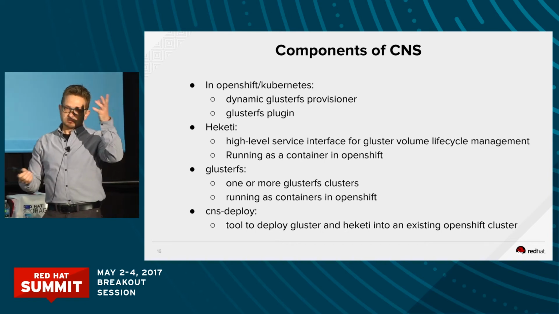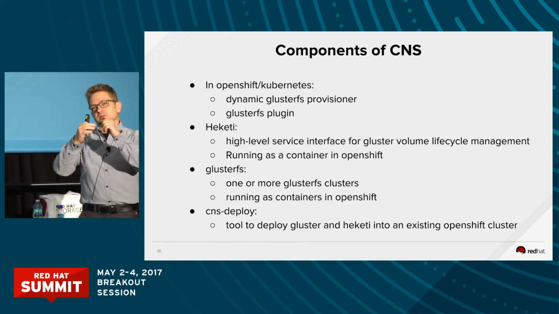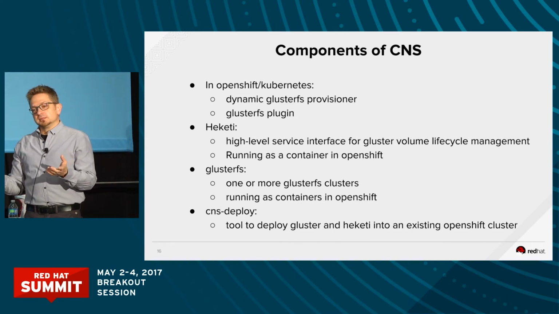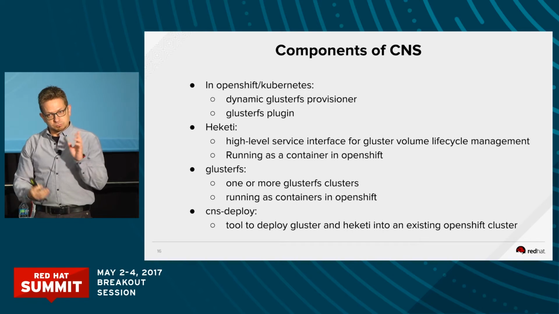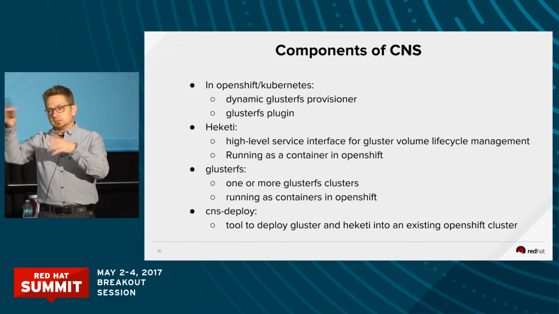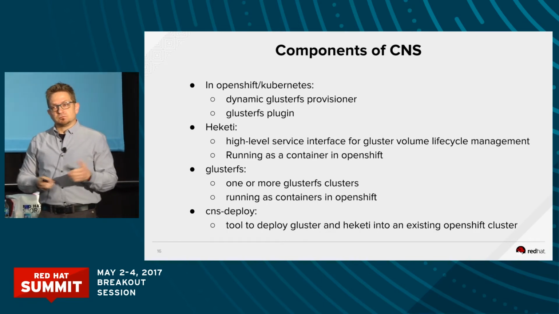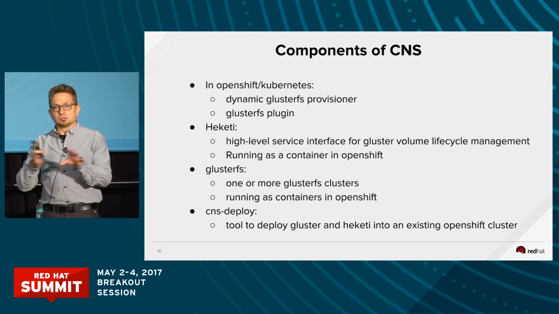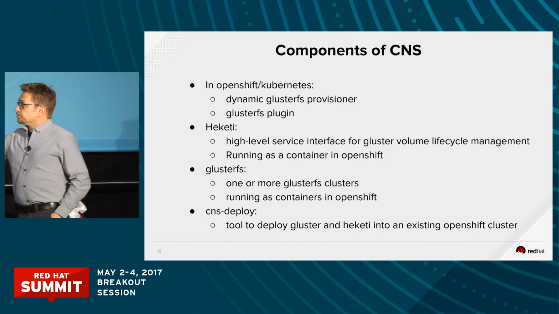So assume on a certain OpenShift node we have an application container that wants to use this persistent volume. This mount plugin goes and mounts that on the host, right? So only the host needs the Gluster tools installed, which is by default on RHEL. And it's then just bind mounted into the container. So for the application container, it's totally transparent. It doesn't even know or need to know it talks to Gluster.